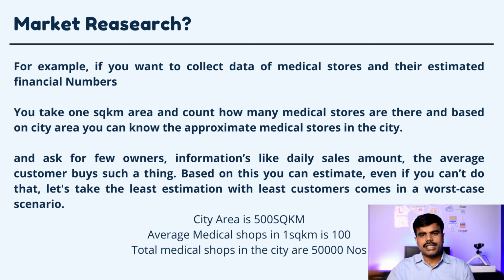Like that, you will take the estimations. So for the 50k stores, for example, every day each medical store on average sells 10,000. Then 10,000 into 50,000 is 50 crore rupees. Like that you have to estimate. And for the yearly figure, you take 50 crore into 365. So this is the annual sales of medical stores in that city. Like that you can estimate for the entire country.